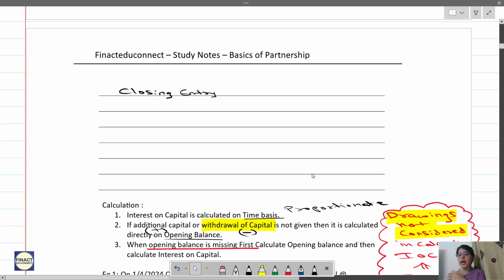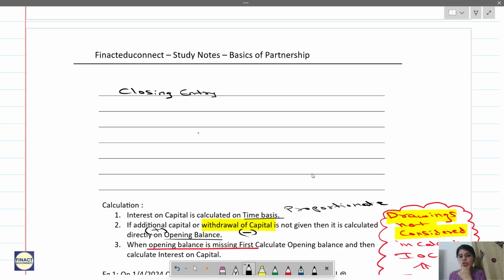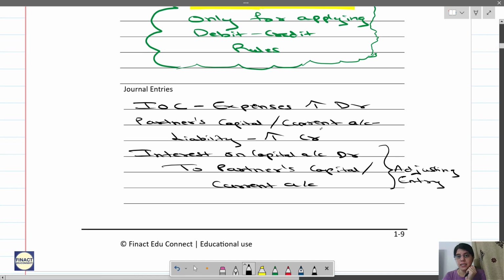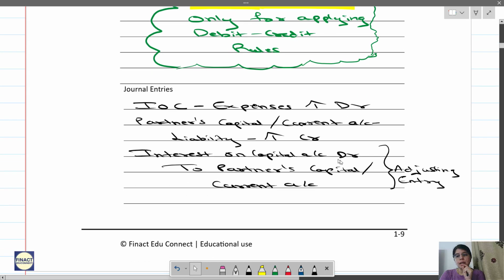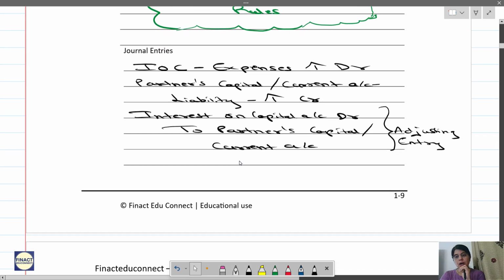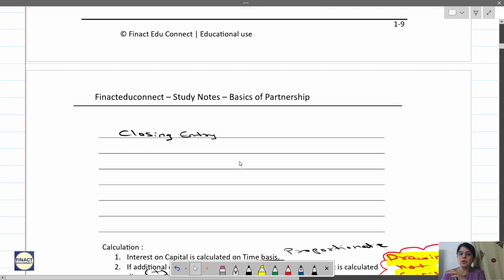Interest on capital will be transferred to profit and loss appropriation account, because as I said, it is not an expense, it is like expense. Whatever like expense we say, those are all distribution. So interest on capital has a debit balance. This is the adjusting entry. Now we have to close it, so we will be crediting interest on capital account and debit profit and loss appropriation account.